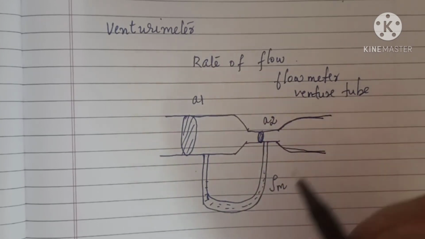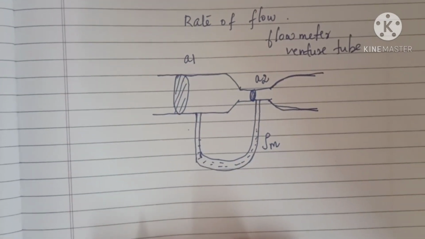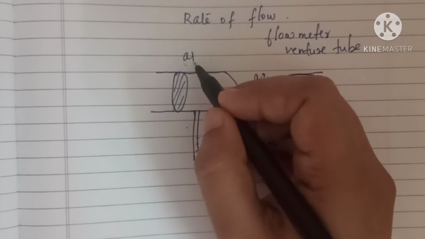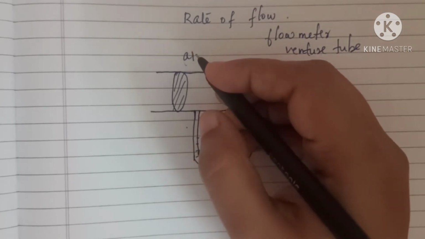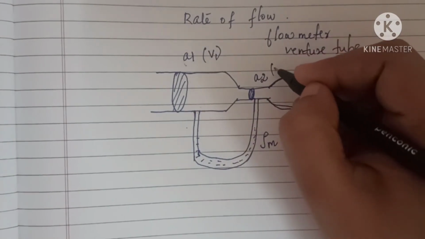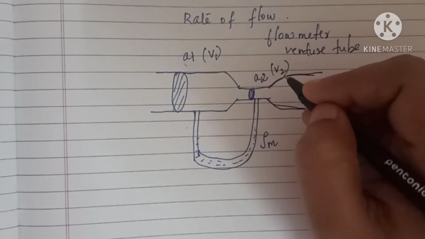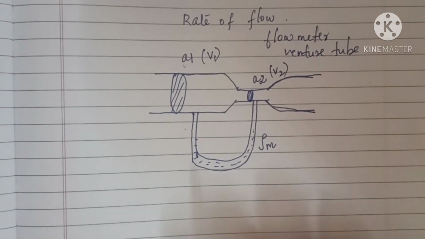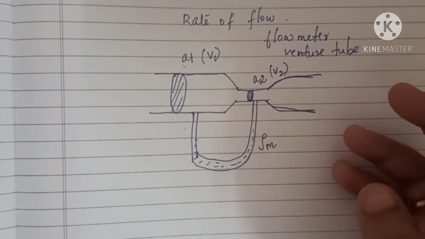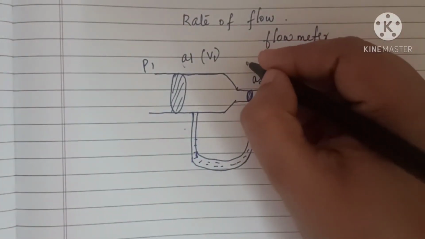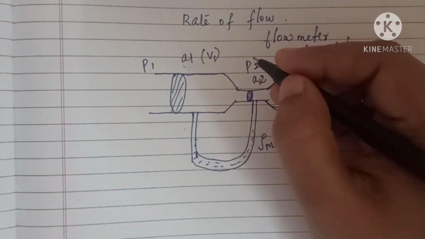Okay, now how does this work? Since this region has an area A1, it has a velocity, let it be v1, and here it has a velocity v2. Also there will be a change in pressure at these regions. So here the pressure is P1 and here the pressure is taken as P2.